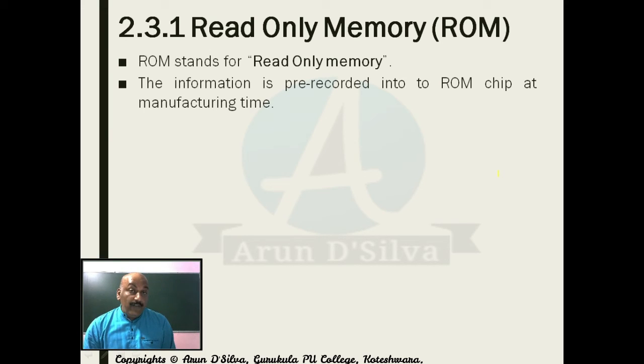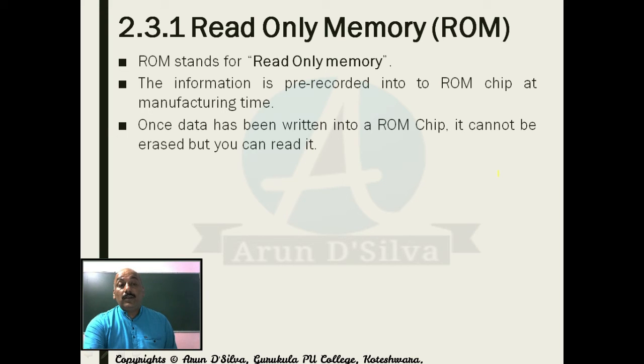While manufacturing itself, whatever instructions and data are necessary are stored while creating the device. That's why this is called ROM. Once this has been written into the ROM chip, it cannot be erased; you can only read it. That is why the name is read-only memory.